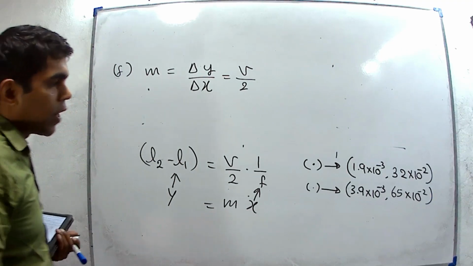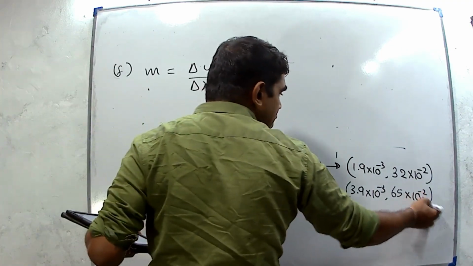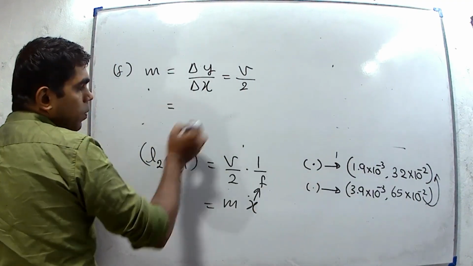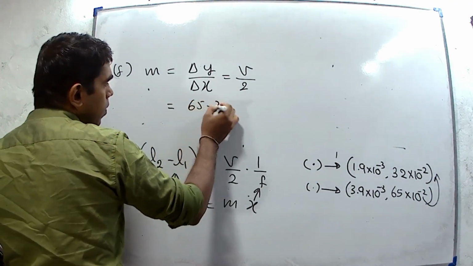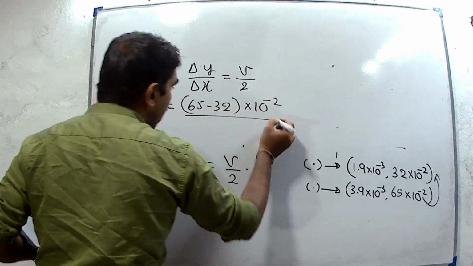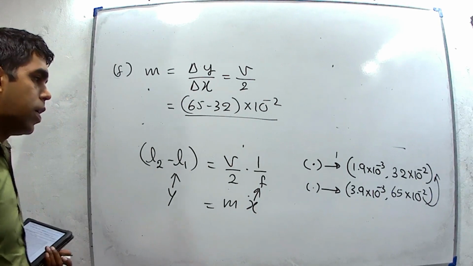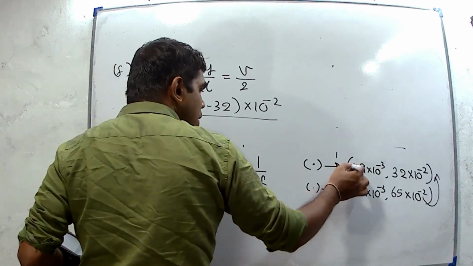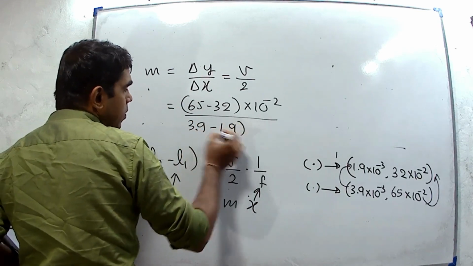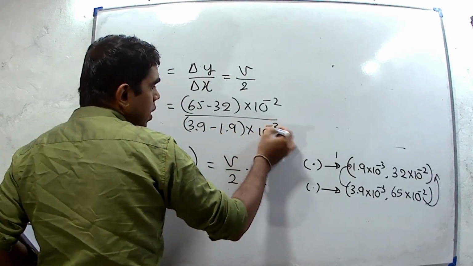Now, difference of y, I will subtract this point and this one: 65 minus 32 into 10 to the power minus 2. We have to consider it in meters. Then we can subtract x values: 3.9 minus 1.9 into 10 to the power minus 3.